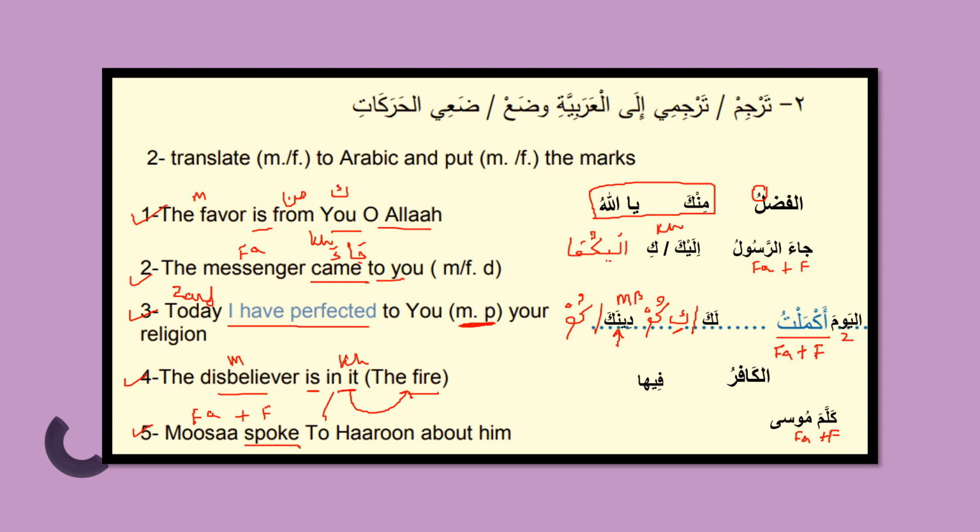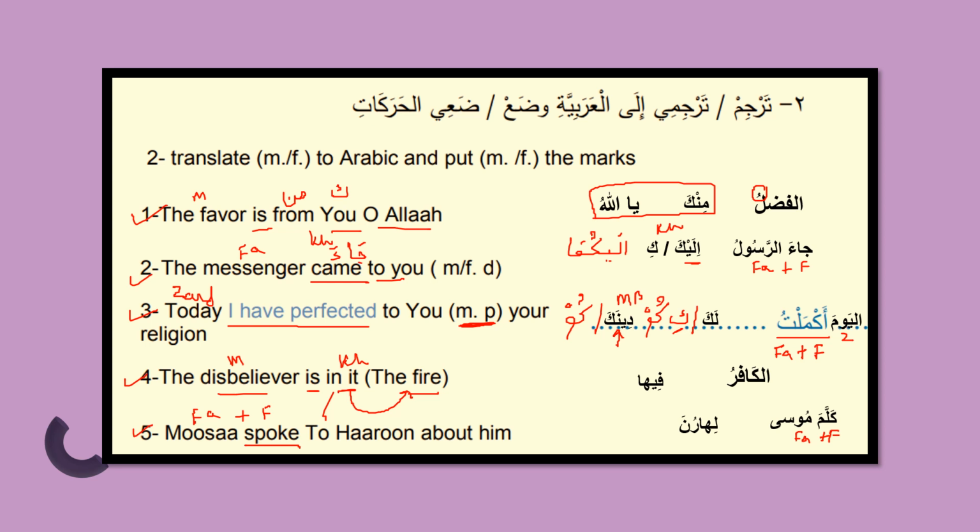Now I will explain why I took ilay here, and why I took li harf jar here. So li Haruna. Whenever you come to reference to context, meaning whenever you want to say I spoke to her, or he spoke to him, or the teacher spoke to the student, whenever this kind of reference to context comes, you need to use harf jar li.